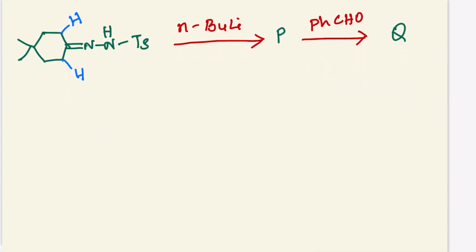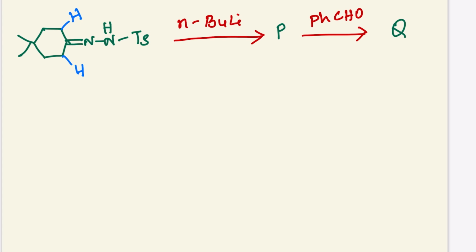Similarly, we have an example here where there are two alpha hydrogens. This is one alpha hydrogen and this is the second one.